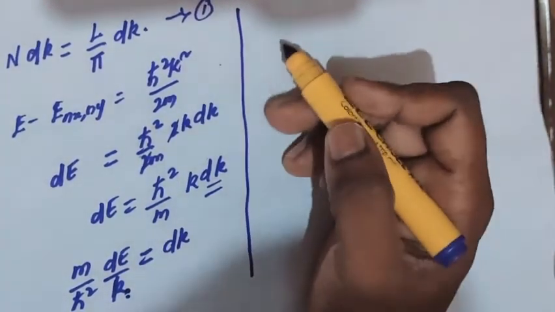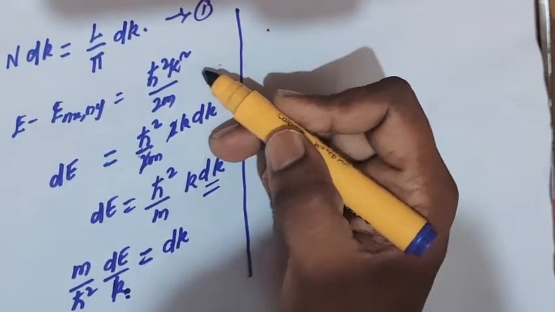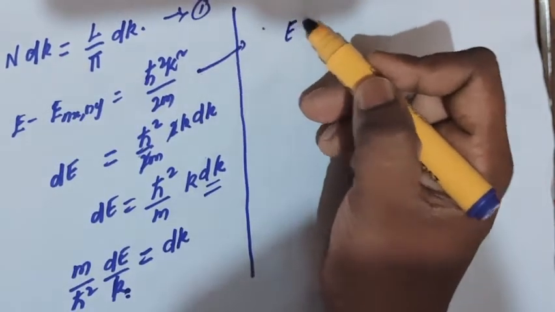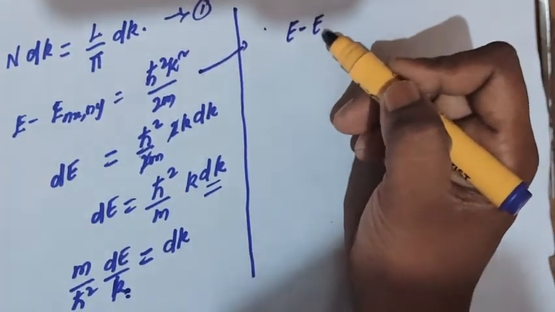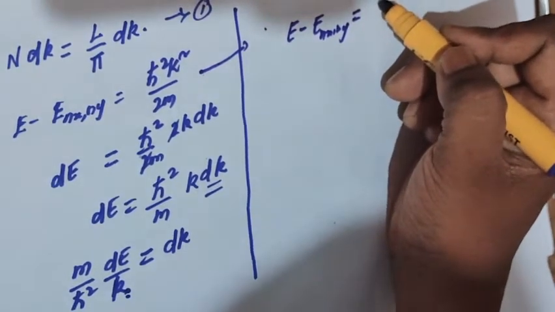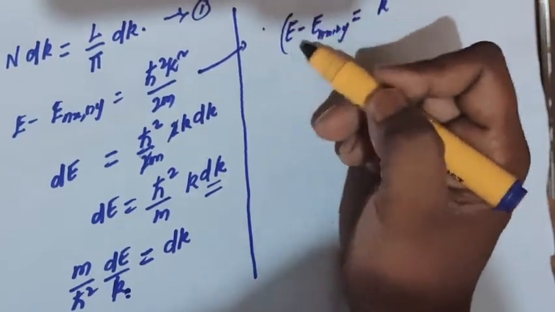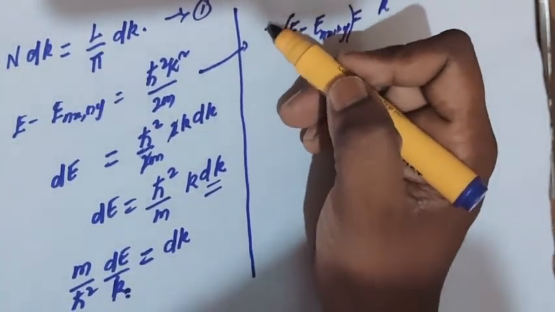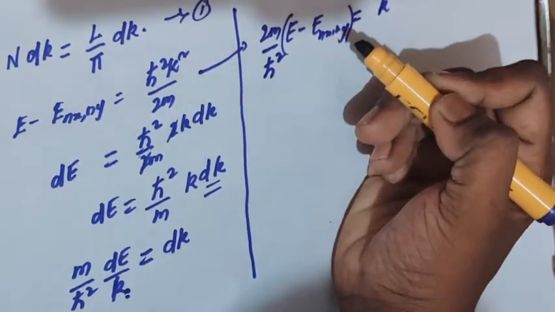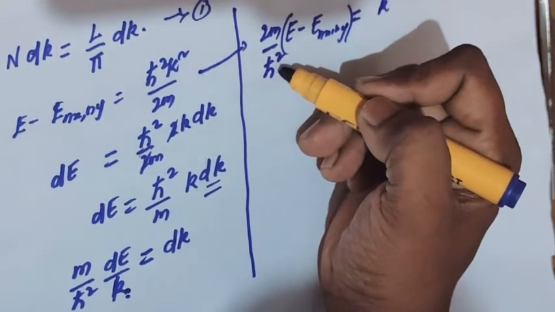From this equation, E minus E(nx,ny) equals ħ²k²/2m. Keeping k² on one side, the 2m divided by ħ² goes to the left-hand side.